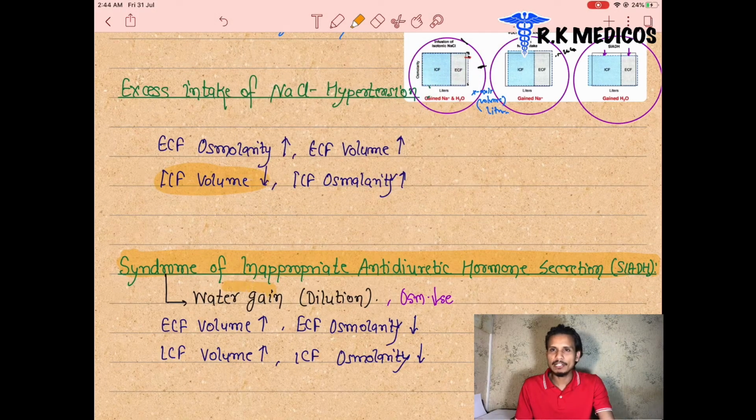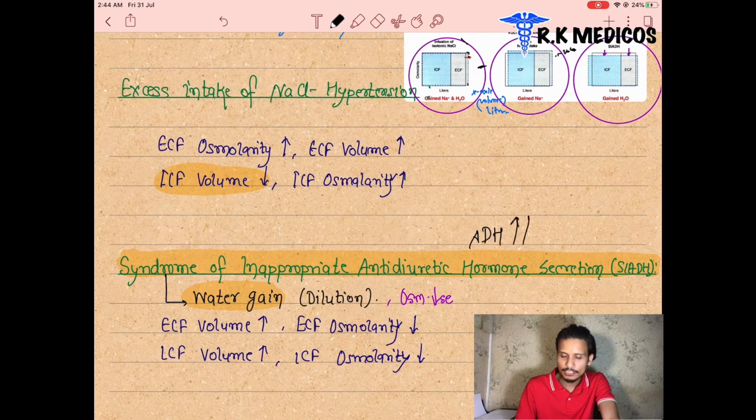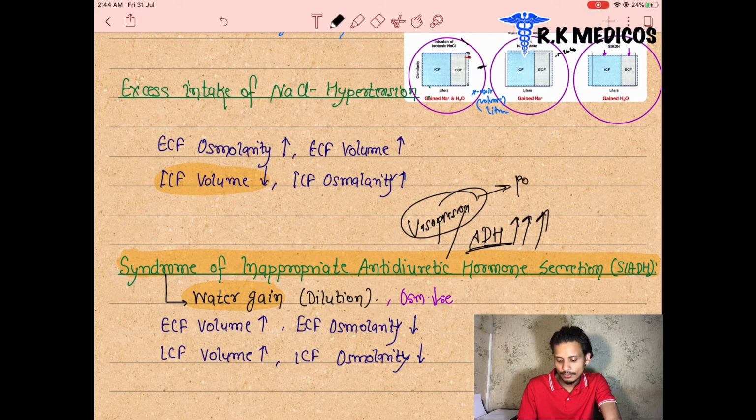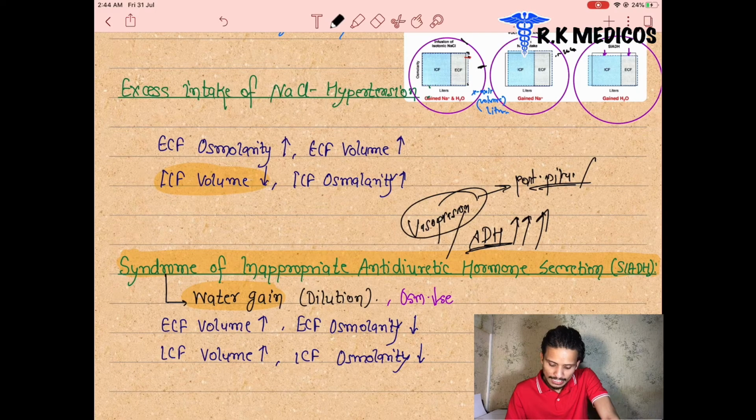Antidiuretic hormone ADH level will be increasing, and this ADH is also called vasopressin. It is secreted from the posterior pituitary, also called the neurohypophysis. So ADH has the opposite action of diuresis. It prevents urination, so there is a conservation of water.